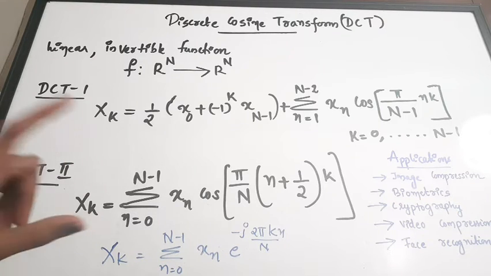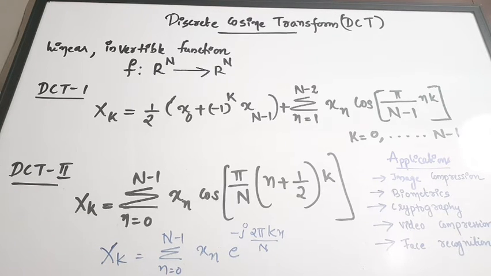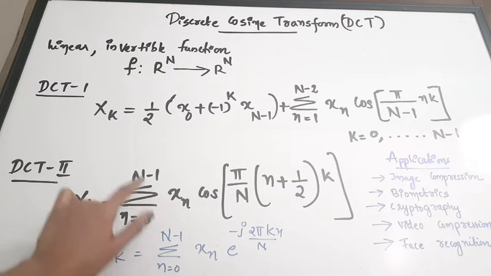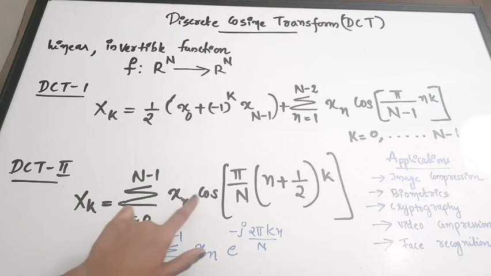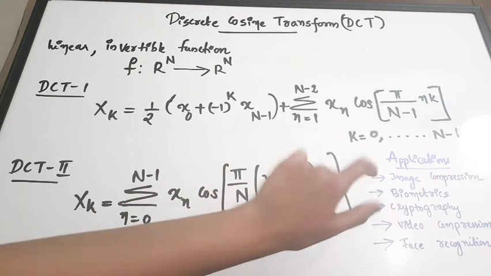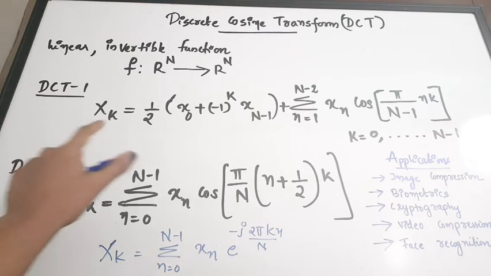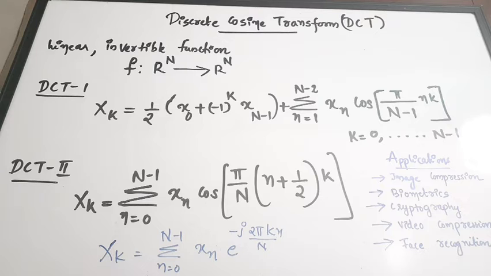The DCT2 expression is the most commonly used one, and it is defined like this. X of k is equal to summation n equal to 0 to capital N minus 1 of x of n cos of pi by N times (n plus 1 by 2) k. Here also k varies from 0 to N minus 1. Now, there is one problem with DCT1: it is not defined for N less than 2.